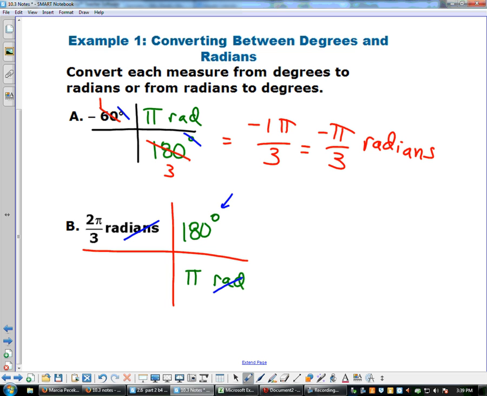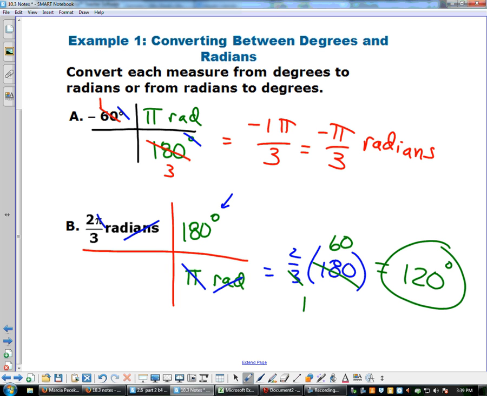And I can see here that this pi is going to divide out with this pi, so I end up with 2/3 times 180. 3 goes into 3 once, and 180 60 times, so 2 times 60 gives me 120 degrees. So 2 pi over 3 radians is equivalent to 120 degrees.